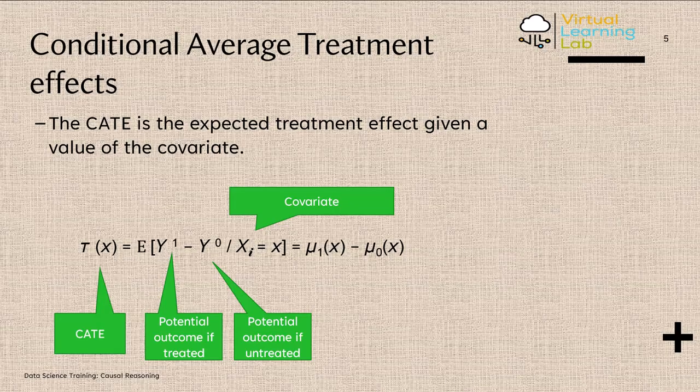The conditional average treatment effect is the expected treatment effect given a value of the covariate. Here we have an expression of it in terms of potential outcomes: the expected value of the difference between the potential outcome if treated and the potential outcome if untreated, given specific values of covariates.